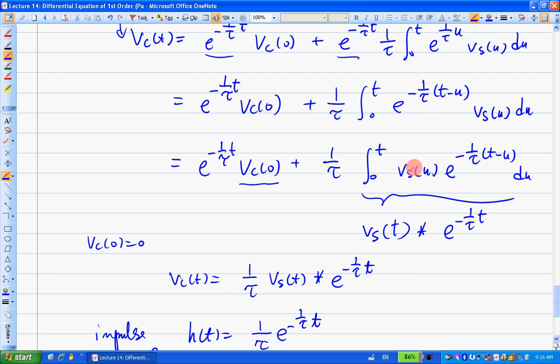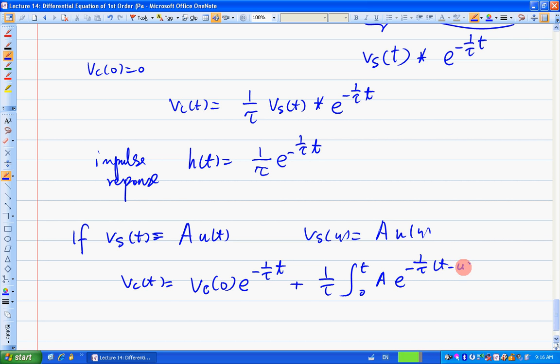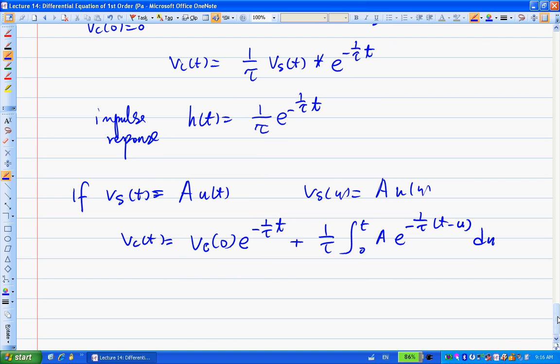You can just change this one to a quantity of A. So that means VC(t) equals VC naught e to the power negative 1 over tau t plus 1 over tau integral 0 to t of A e to the power negative (t minus u) over tau du.